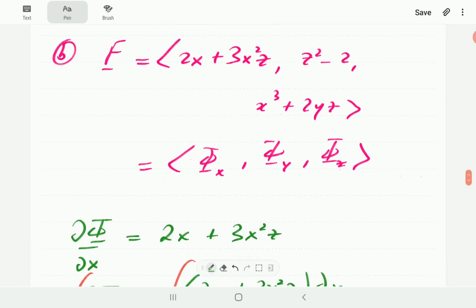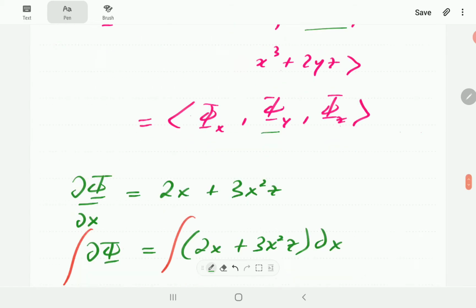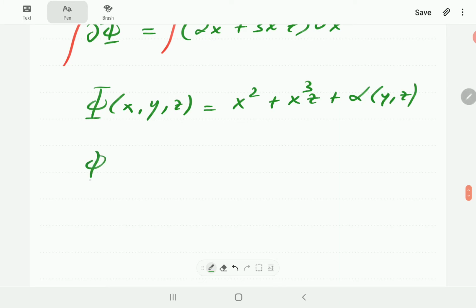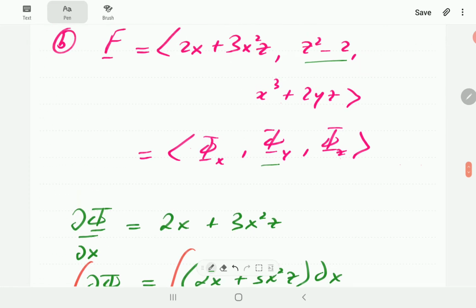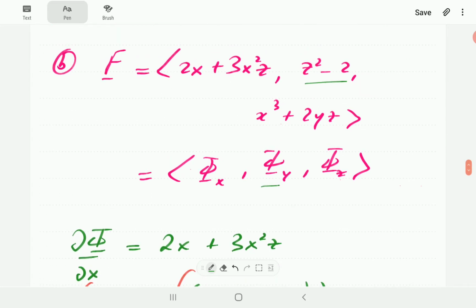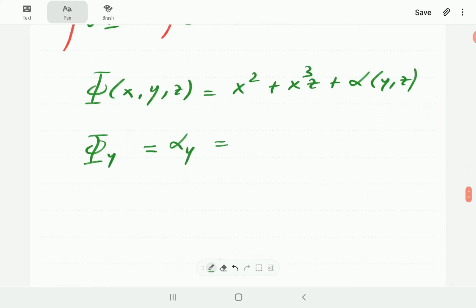Then we're going to differentiate this with respect to y and compare with the equation we have there. If we differentiate this with respect to y, there are no y terms here, so the only y term is that one. So it's going to be alpha y. According to what we have, this must be equal to z squared minus 2.